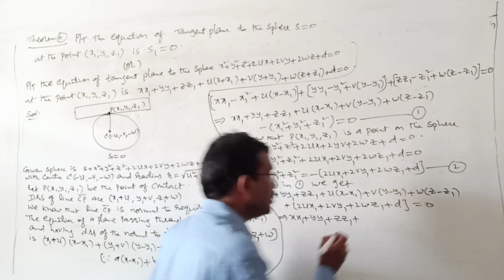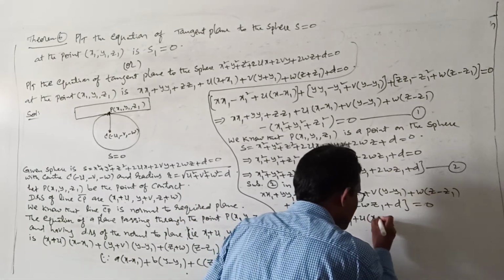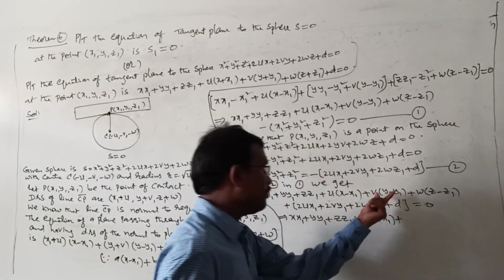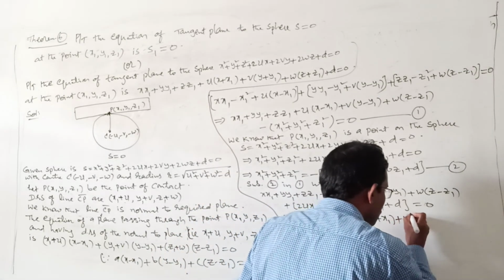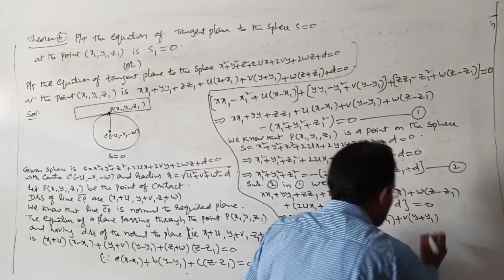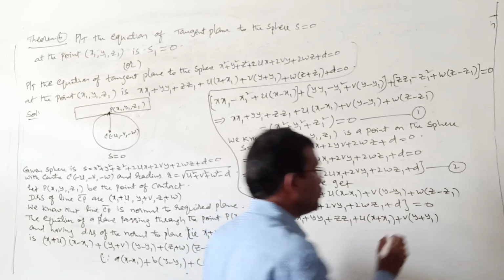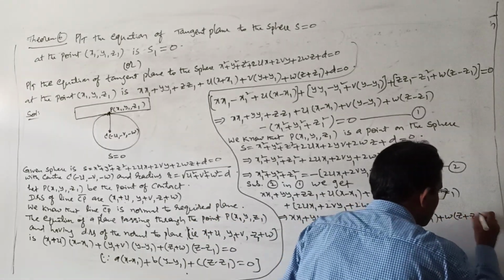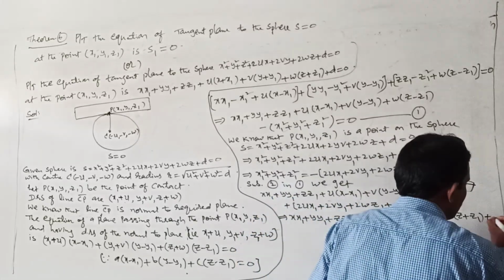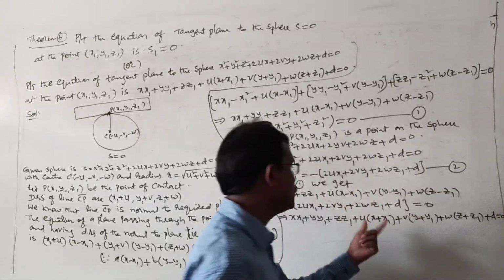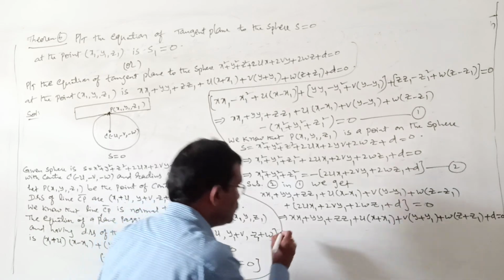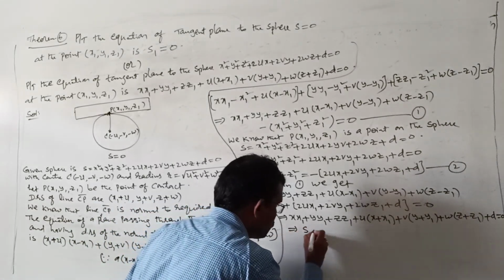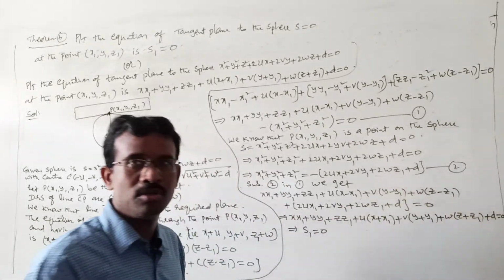Otherwise how can you write this total thing: plus u into (x plus x1), here also plus v into (y plus y1), here again in between these two things take w common, plus w into (z plus z1) plus last d is equal to 0. Just on simplifying the above result you get this. Is this S1 equal to 0 or not? Once go to notations, this is the S1 notation.